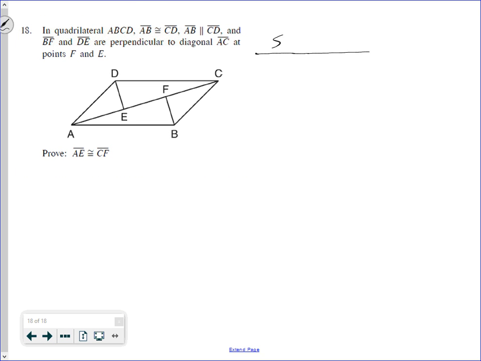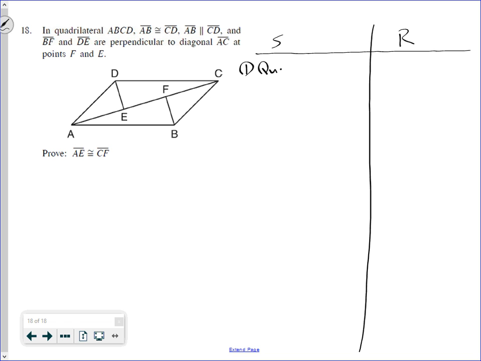So I'll start with my givens. If we look at what we're trying to prove, we're trying to prove AE is congruent to FC, which makes me think that I'm going to try to find a way to establish my little triangles on either side to be congruent.